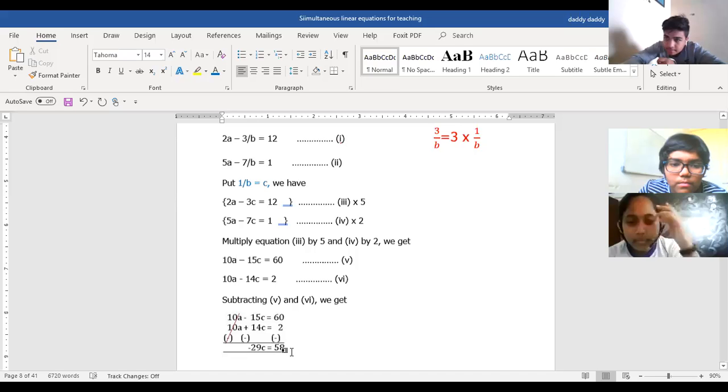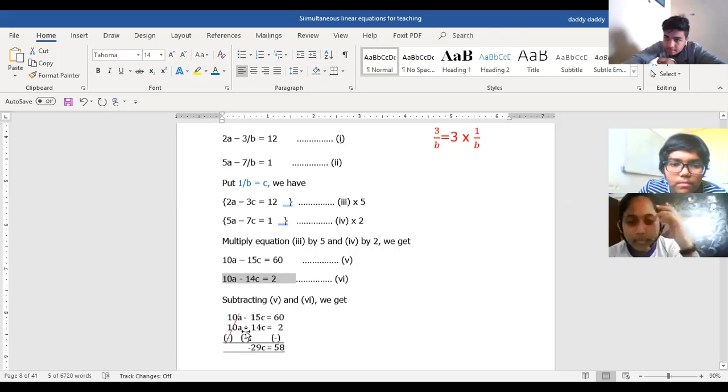How did it become plus? When you multiply minus by minus, what do you get, Toshit? Oh, yes. Initially the equation signs, please see, they were plus, minus and plus. So now it will become minus, plus and minus.